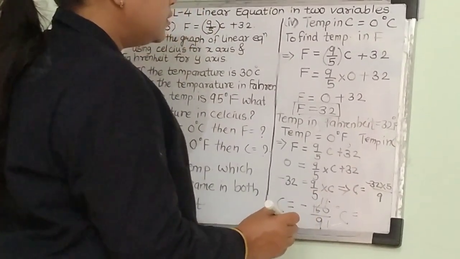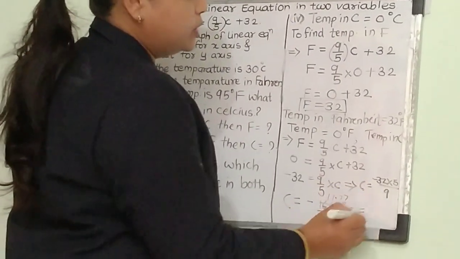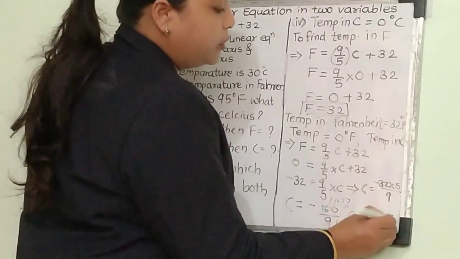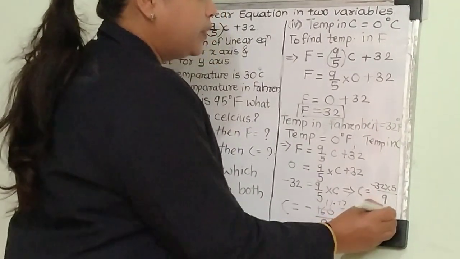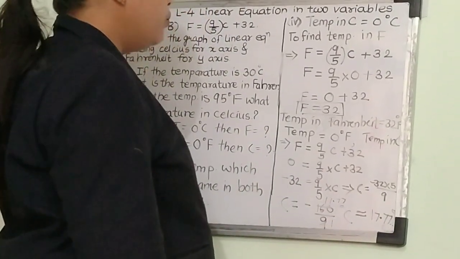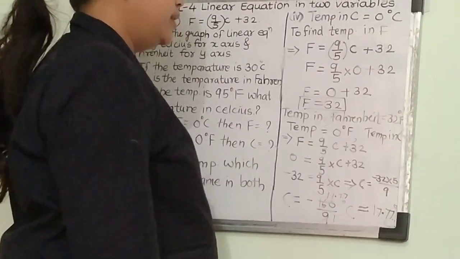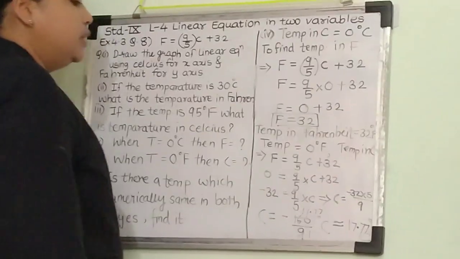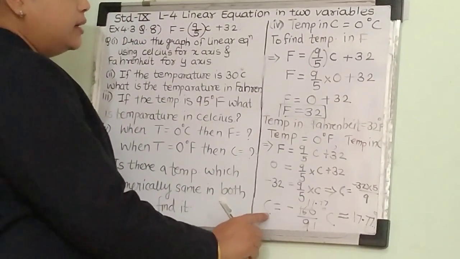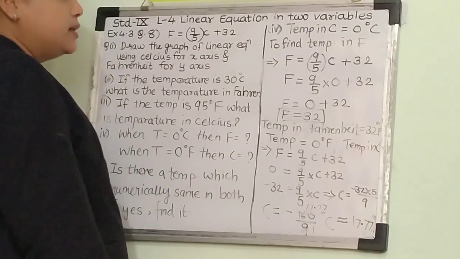Again 7 will be left there, and so on. So here the approximate answer we get is minus 17.77 degree Celsius when the temperature is 0 degree Fahrenheit. It is an approximate value. So the better way, you can write C is equal to minus 160 upon 9 degree Celsius.